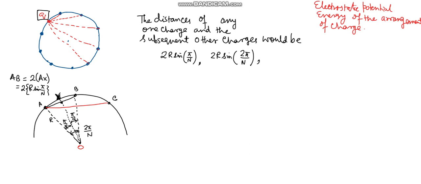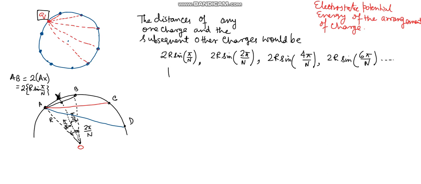Then for another charge D, the distance AD will be equal to 2r sine of 4 pi by n. Then the next one will be equal to 2r sine 6 pi by n, etc. Provided, how far should we go? Provided the terms exist and are valid.